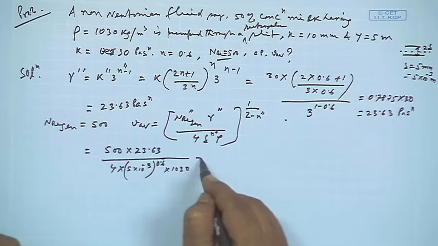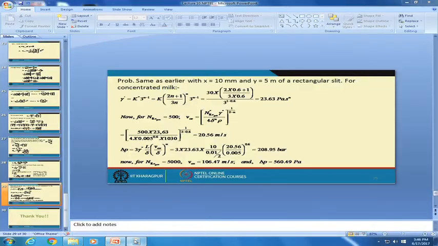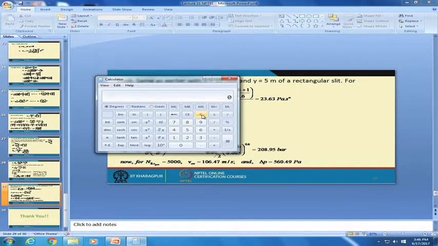So this is equal to 500 into 23.63, divided by 4 into 5 into 10 to the power minus 3 to the power 0.6, divided by 1030.